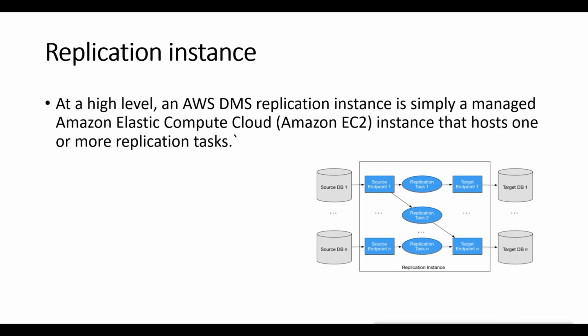AWS DMS also uses a replication instance to connect to your data store, read the source data, and format the data for consumption by the target store. It also loads the data into the target data store. Most of this processing happens in memory. However, large transactions might require some buffering on disk. Cached transactions and log files are also written on disk.